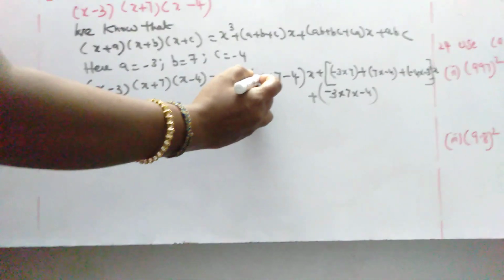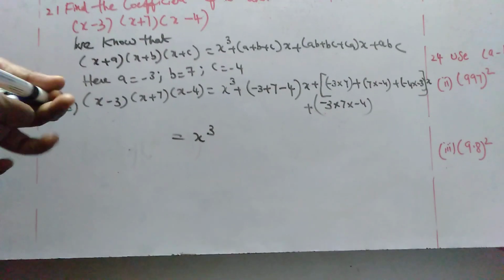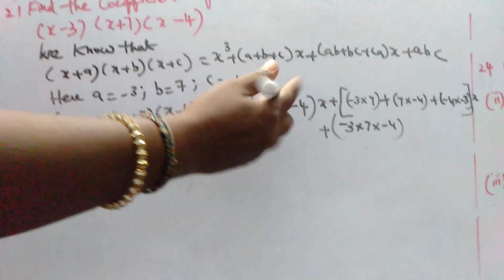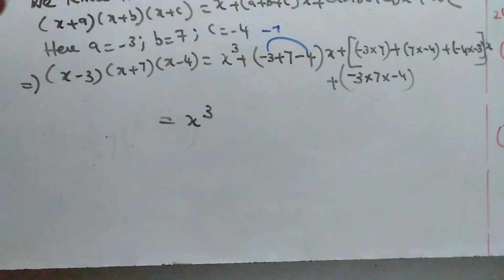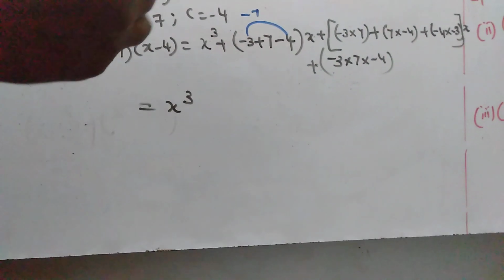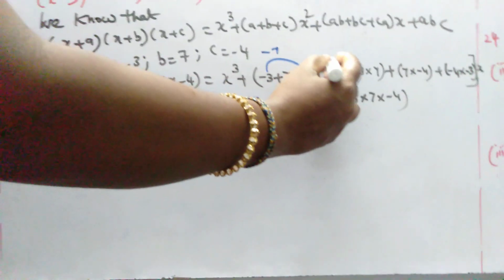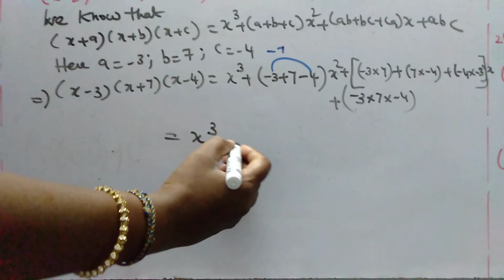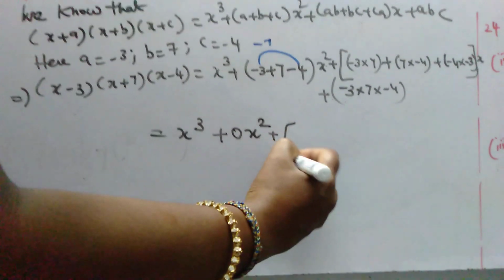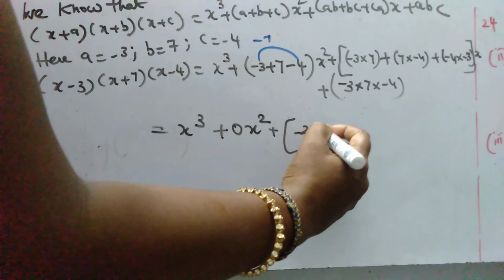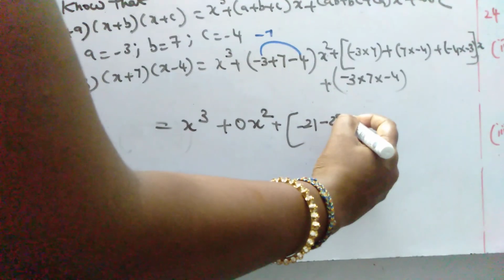x³, that is -3 - 4, here is -7. -7 + 7 is 0, x². So 0x² here. Then here, plus -21 - 28 + 12. 4 3s are 12.